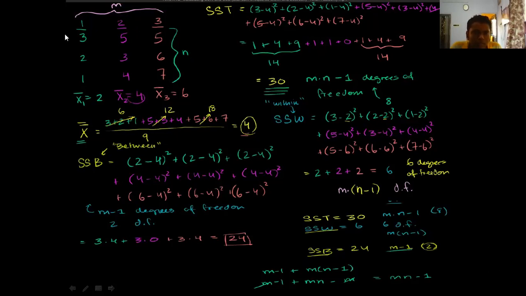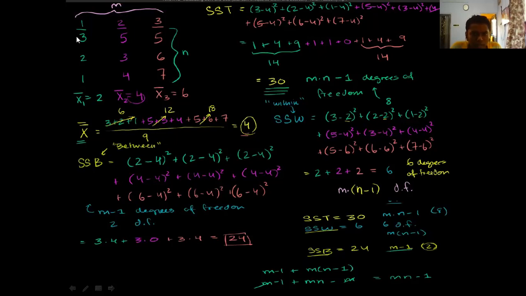The degrees of freedom means, here in this 3 cross 3 matrix, there are 9 elements. So how many independent elements are there? The independent number of elements is equal to 8, because if you are given any 8 numbers out of these 9, and if you are also given the grand mean, you can easily compute the 9th element of the matrix.